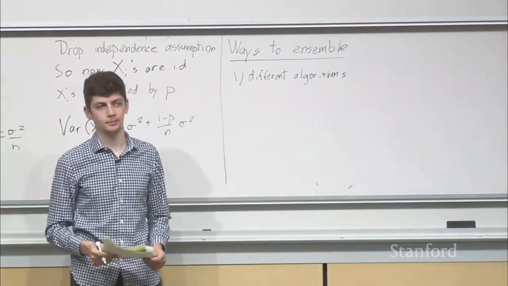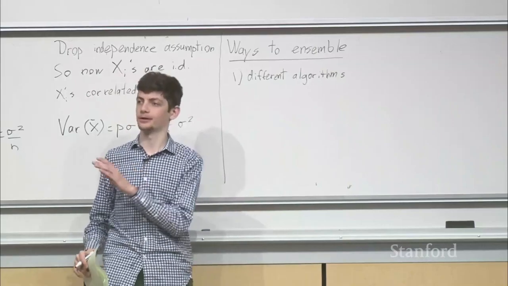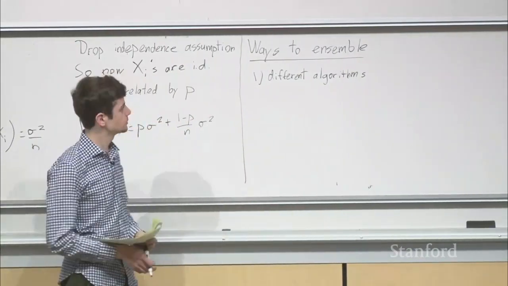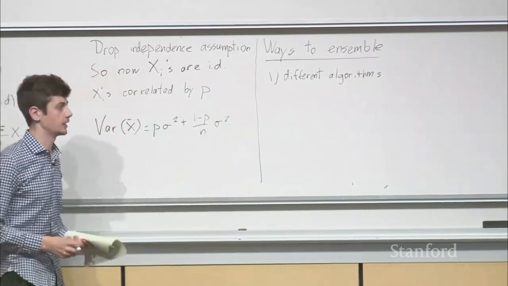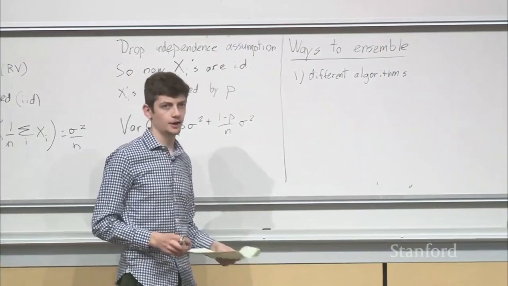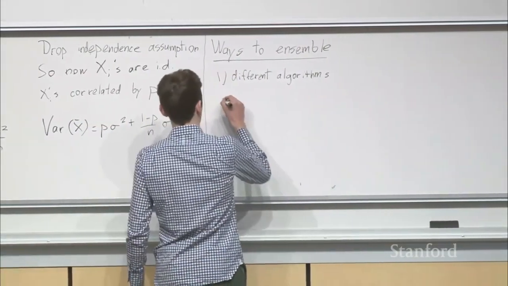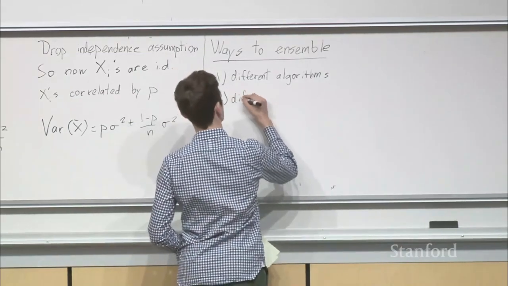This is actually what a lot of people on Kaggle, for example, will do: they'll take a neural network, a random forest, an SVM, average them all together, and generally that works pretty well, but then you have to spend your time implementing all these separate algorithms, which is often not the most efficient use of your time. Another one that people like to do is just use different training sets.